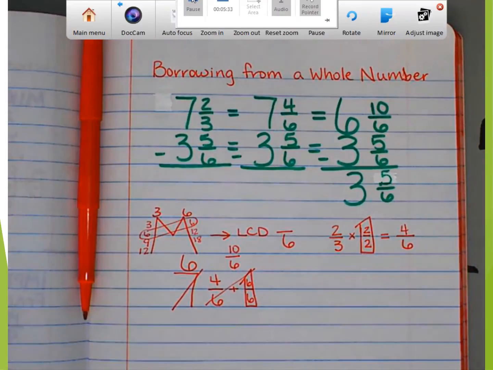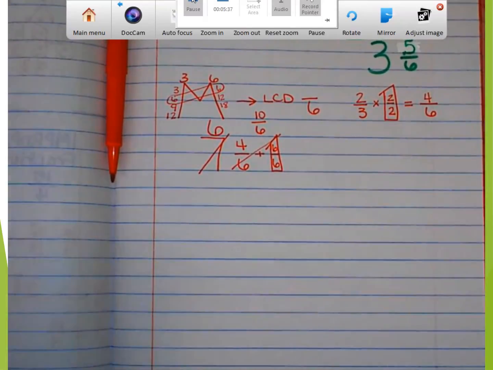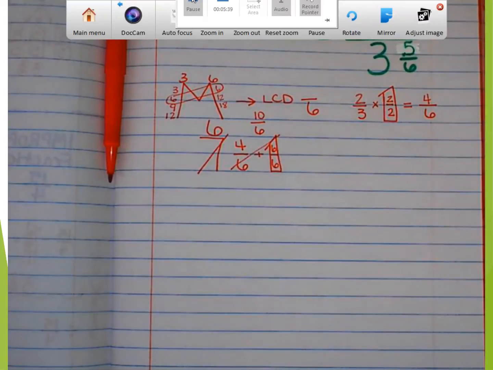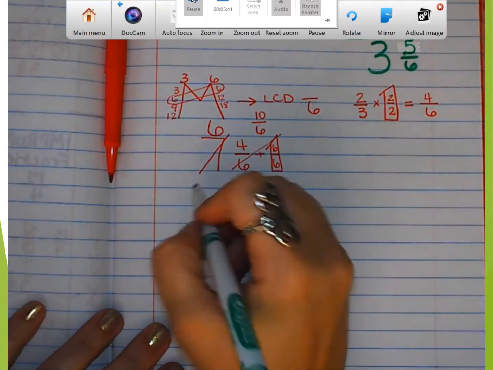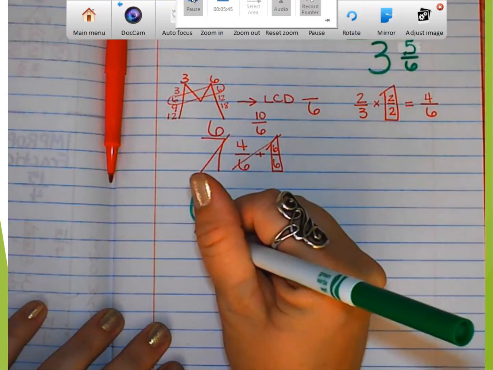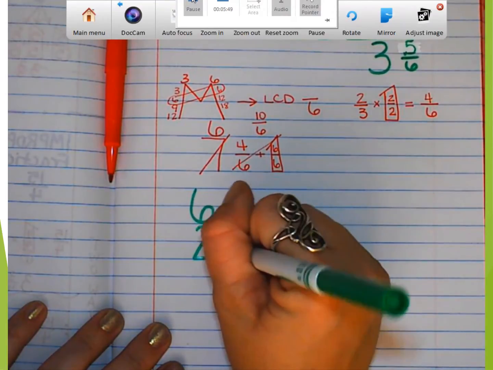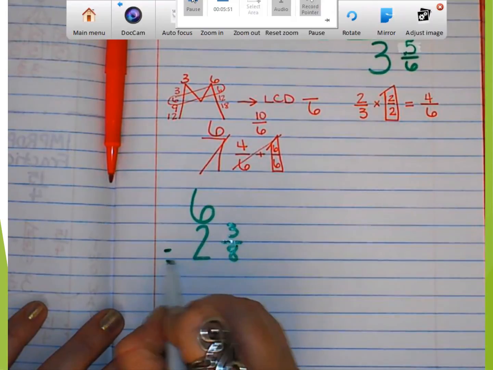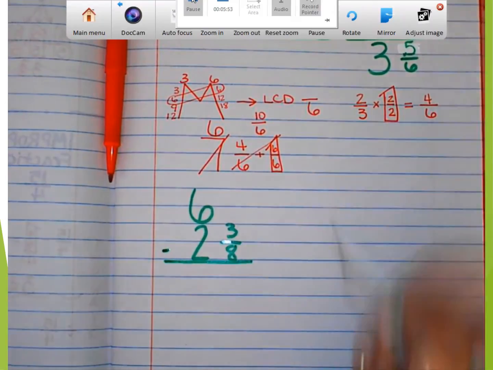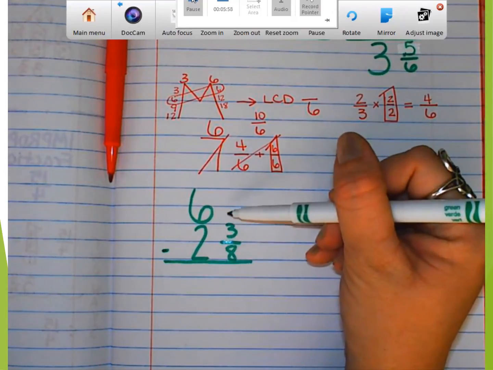Okay, we're going to do one other example. I want us to do 6 minus 2 3/8. Now, we don't have any fraction over here that we can subtract from.